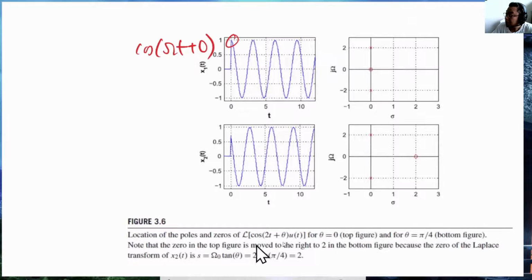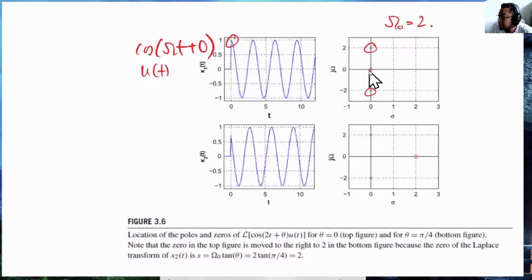The cosine starts from time equals 0, and because this is multiplied by u of t, on the left-hand side we have 0. This is a causal signal that starts at time equals 0. Now, these are where the poles are. With omega naught equals 2, at plus and minus j2, these are the poles.